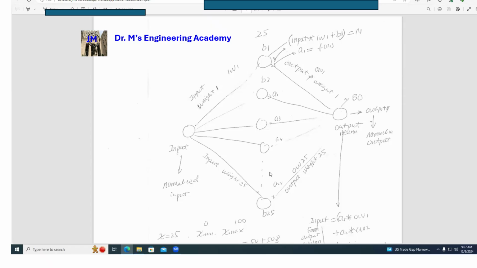For this example, we have A25 multiplied by OW25. We put all of them together, and then we plus the BO, the bias value. You have a sense? And then the whole thing.